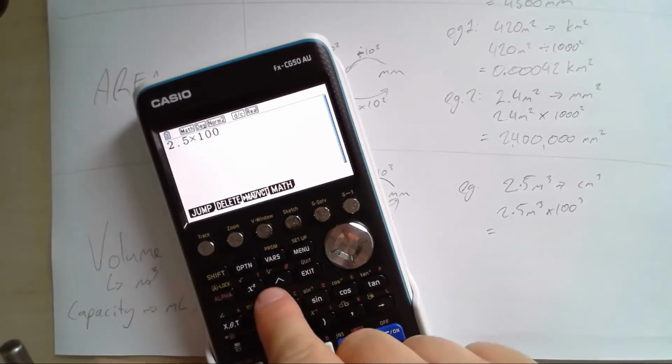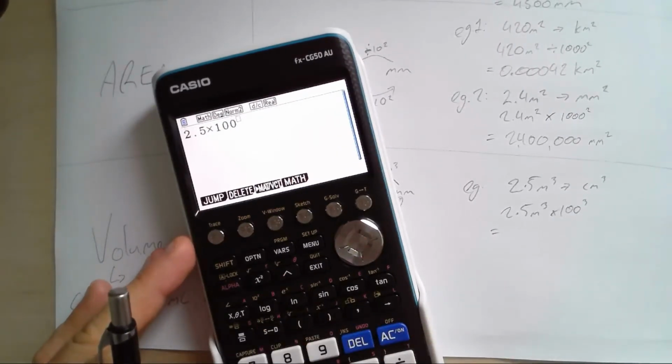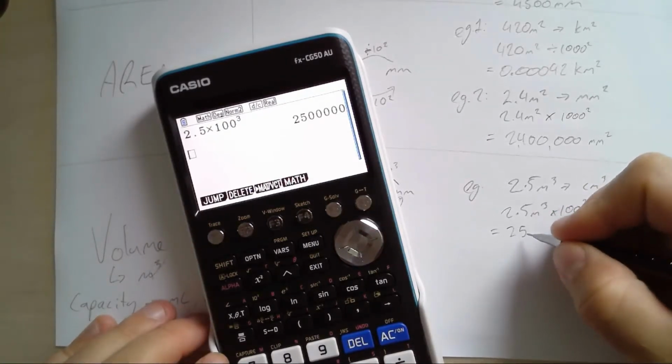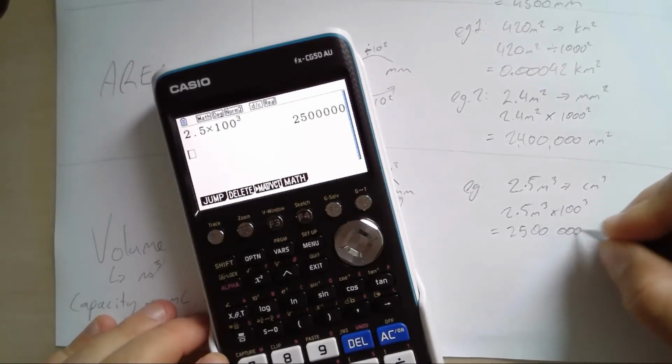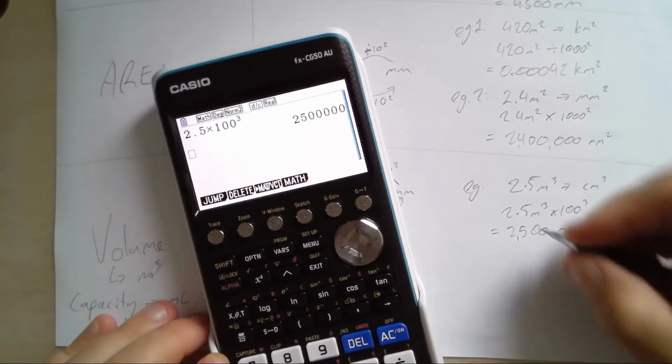If it doesn't have a special button, I press the caret, and then I press the little 3. Enter, and that's what it is. 2,500,000 cubic centimeters. Okay.